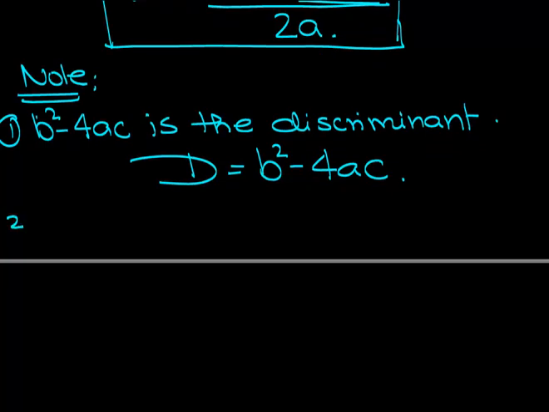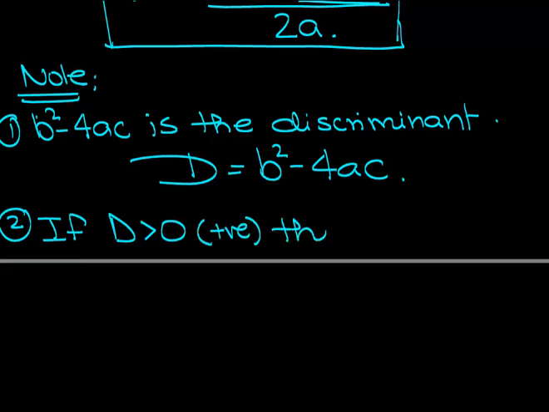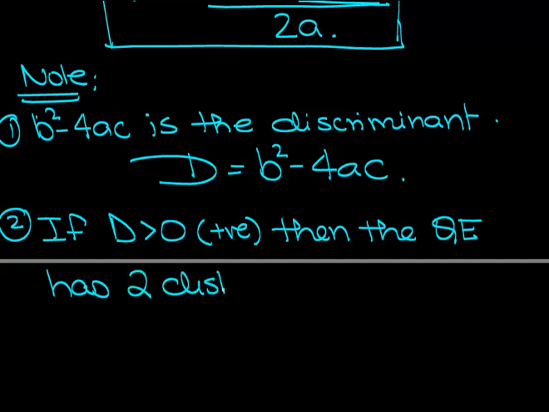There are a couple things to note about this. If D, the discriminant here, is greater than 0, that means it's positive, then the quadratic equation has two distinct real solutions. It's just something you can tell by just looking at this value.